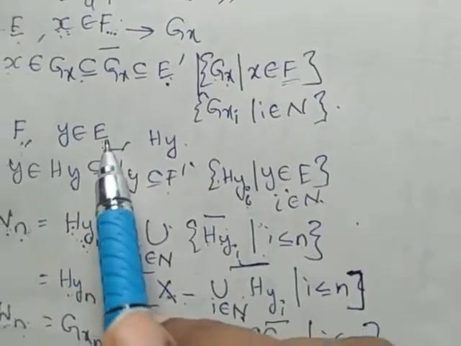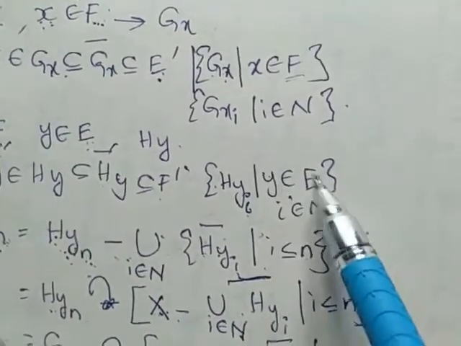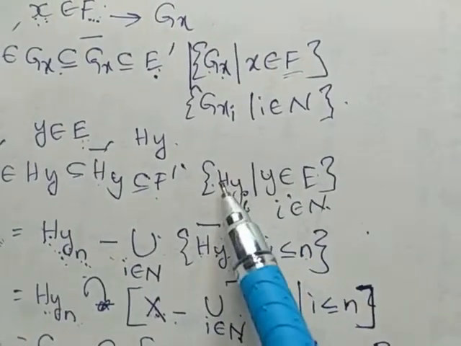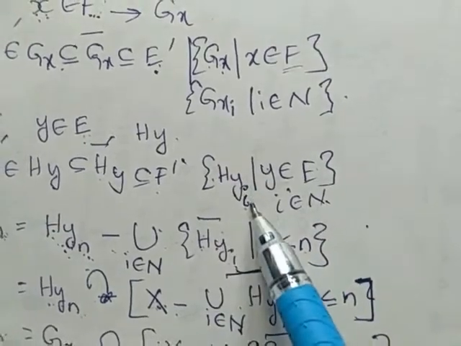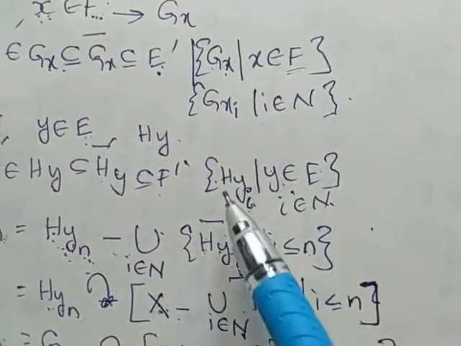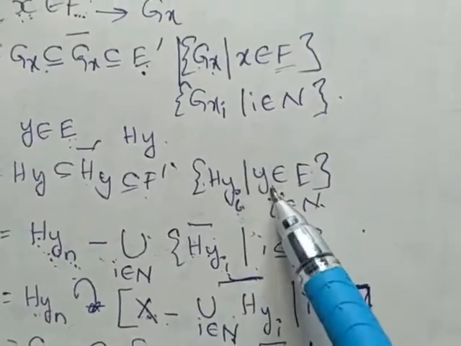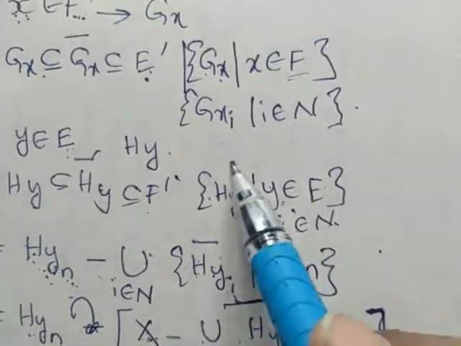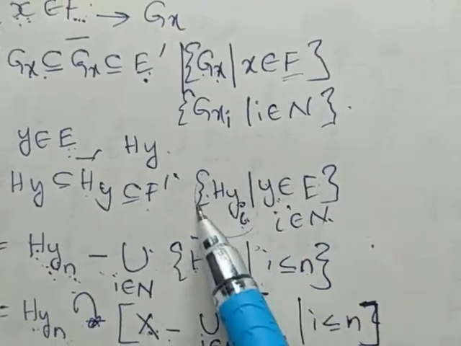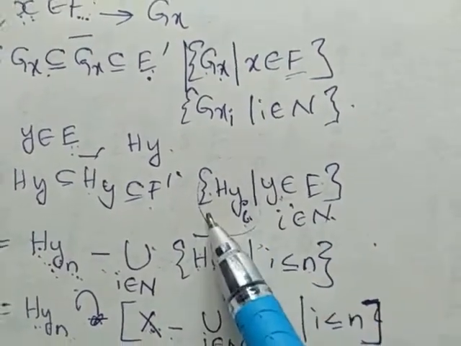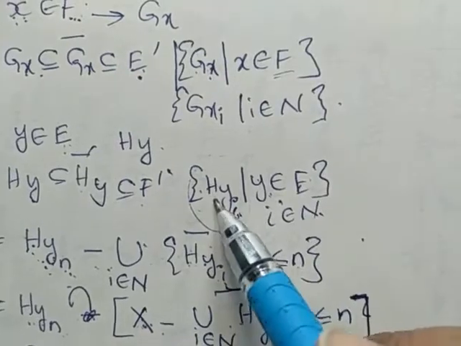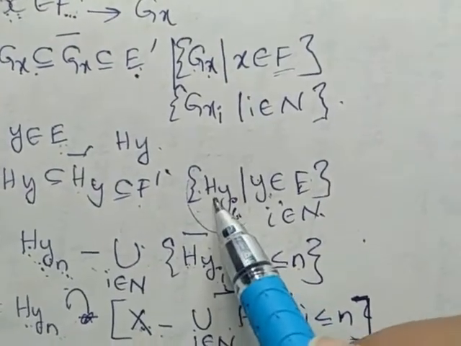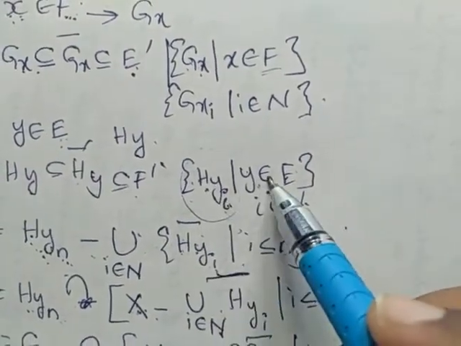How did we get this? We have defined Y belongs to E. So whenever Y belongs to E, we are having an open cover Hyi. So if Y1 is there, it will belong to Hy1. If we are having Y2, it will belong to Hy2, etc. So when we combine all the open covers here, whatever element is present here, it will be present here also. It may have more elements than E also.